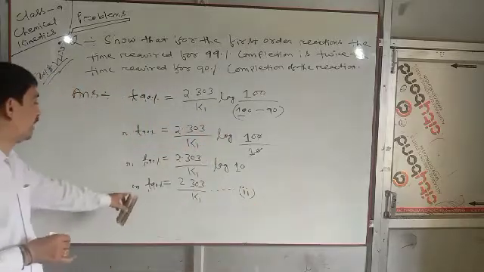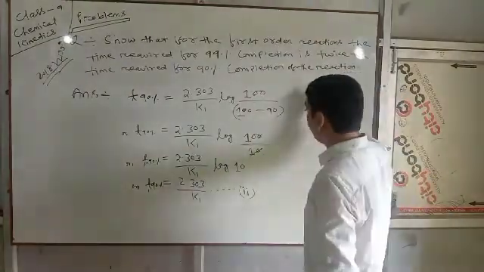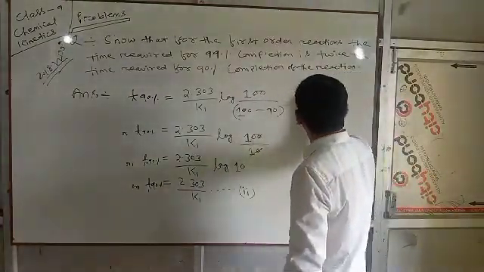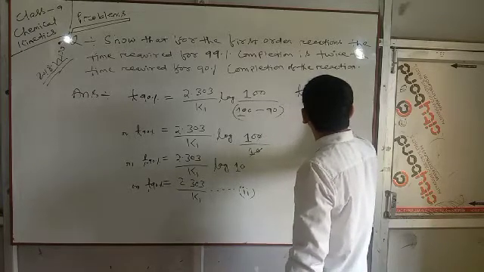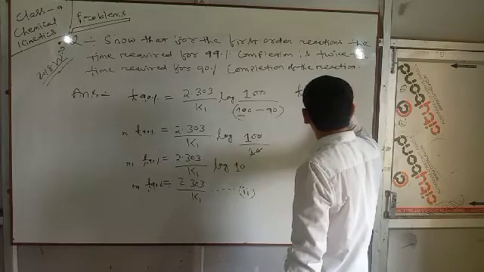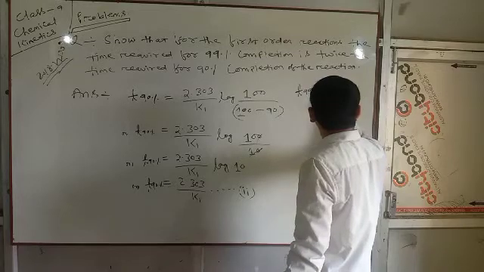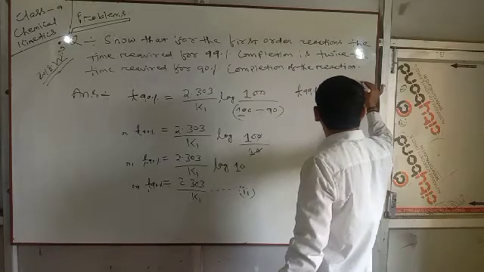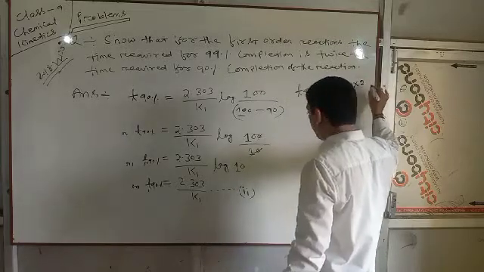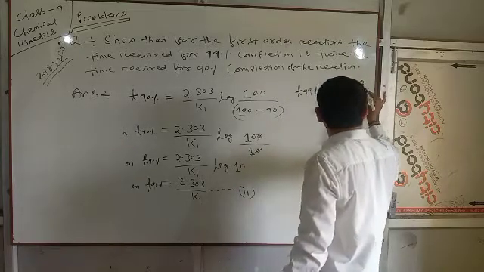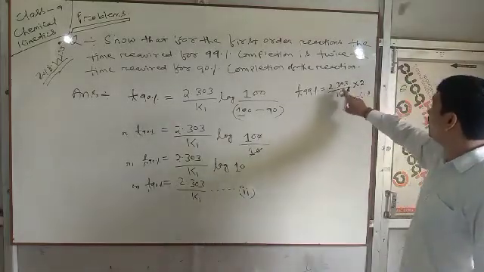Look at t 90%. We already calculated t 99%: t 99% equals 2.303 by k1 into 2, this is equation 1. And equation 2 is t 90% equals 2.303 by k1.